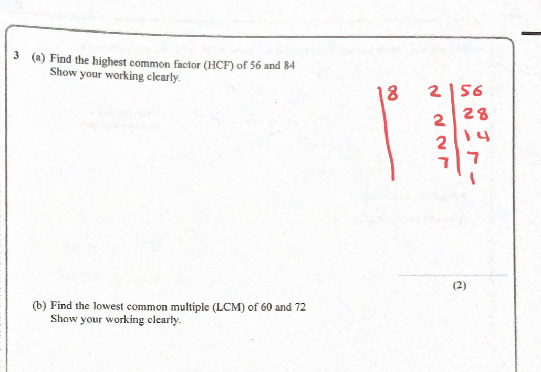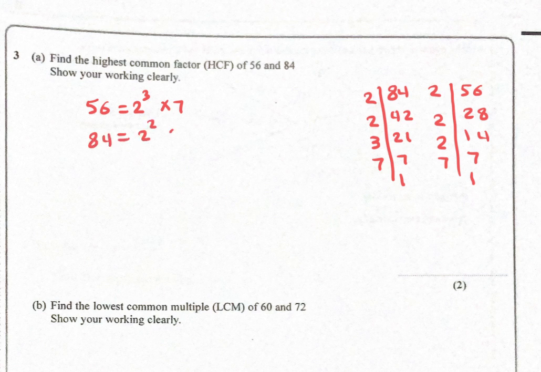Same for 84: divide by 2 is 42, divide by 2 is 21, 21 divided by 3 is 7, 7 divided by itself equals 1. So 56 equals 2 power 3 times 7, and 84 equals 2 power 2 times 3 times 7.